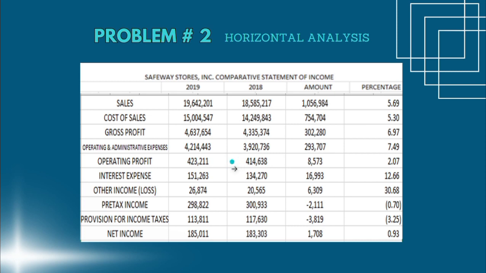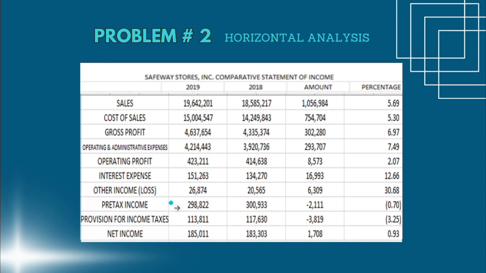They have 151,263 interest expense in 2019 and 134,270 in 2018. They have 26,874 other income or loss in 2019 and 20,565 in 2018.